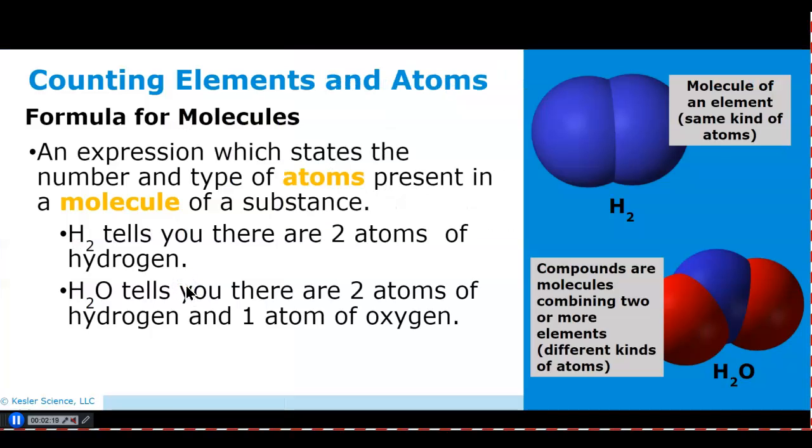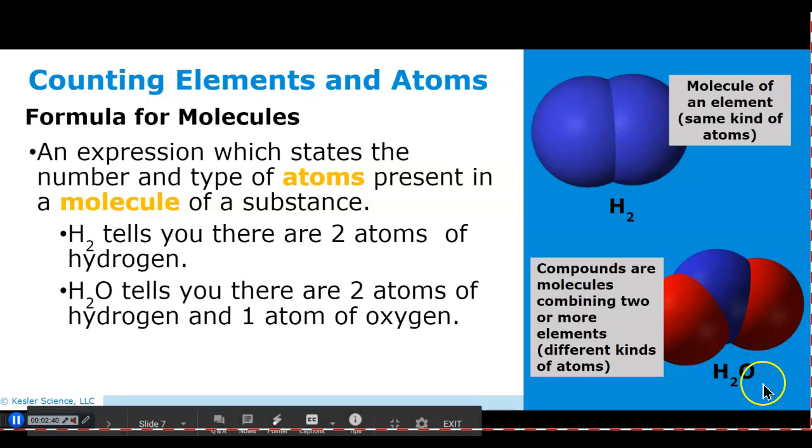So the formula for molecules tells us the number and types of atoms that are in a molecule. So for instance, here we have two hydrogen atoms that are bonded as a molecule. So this is H2. That 2 indicates that there are two atoms of hydrogen. Here we have a molecule H2O.